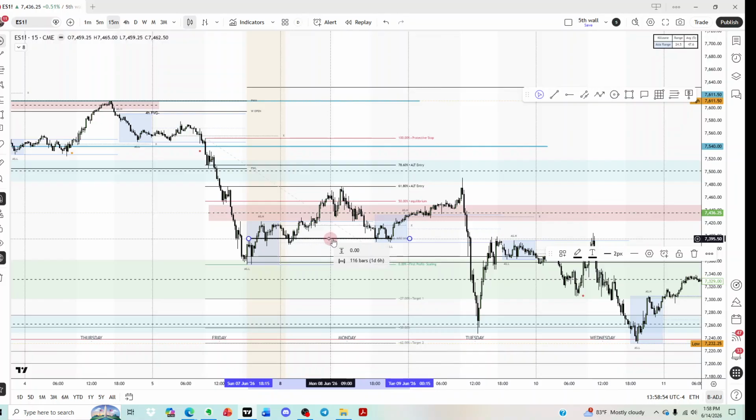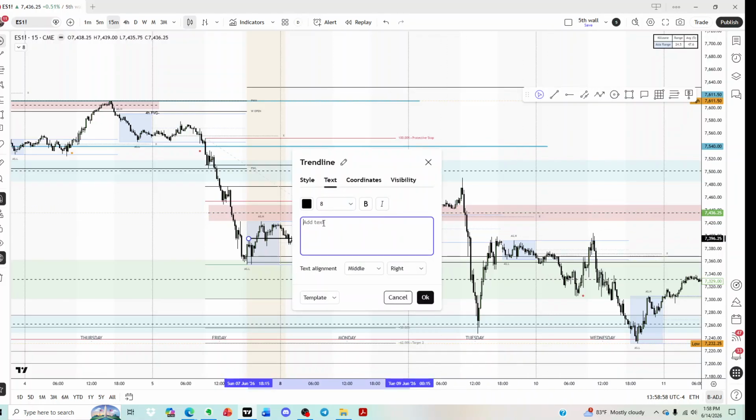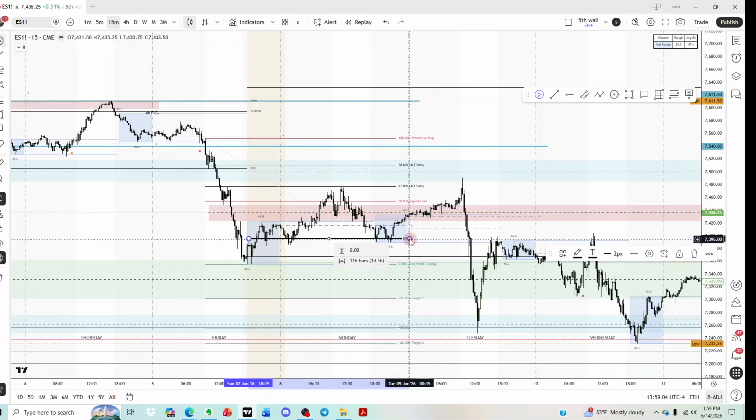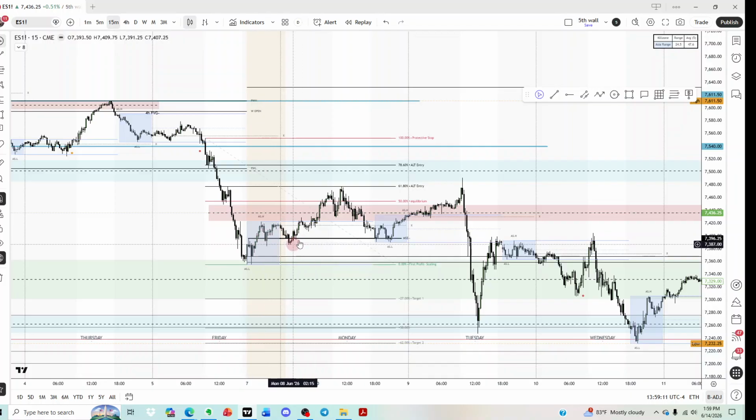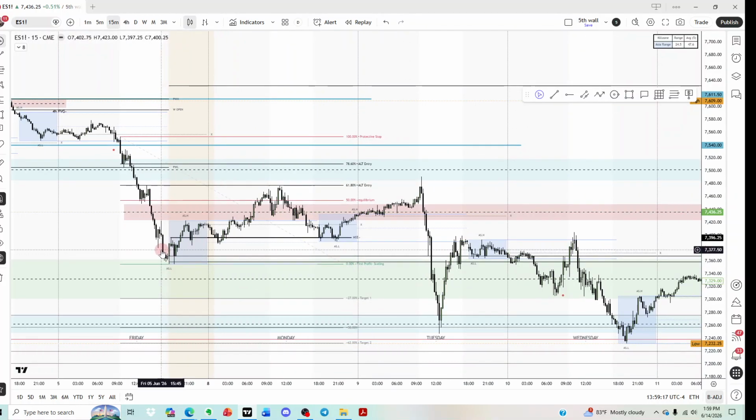Let's go ahead and label it market structure shift. I dragged it way out here, but it's really relevant for right now, right here, but it's still significant.